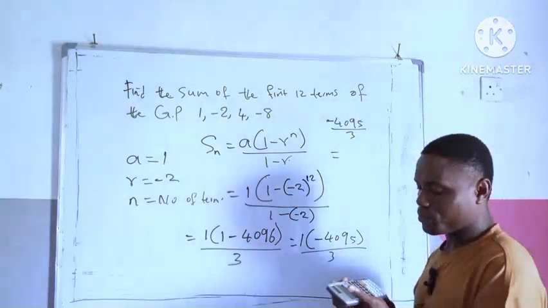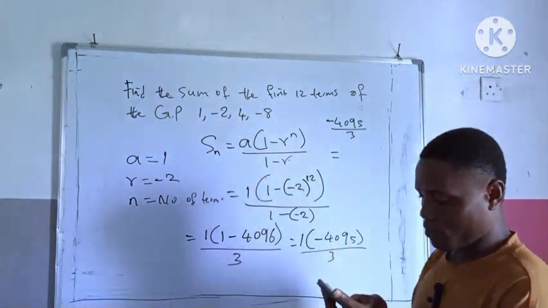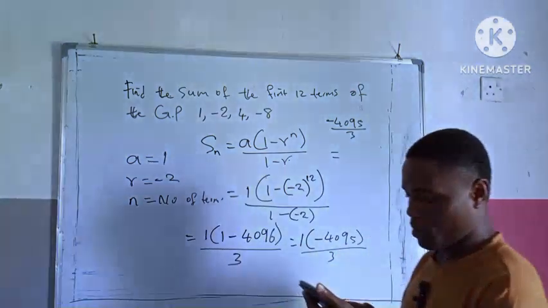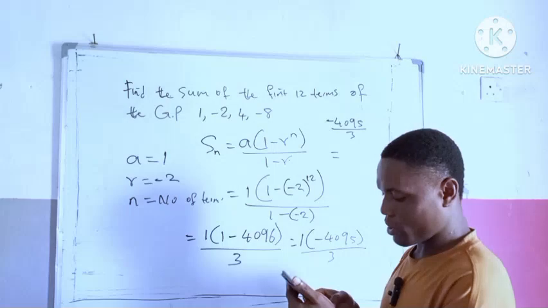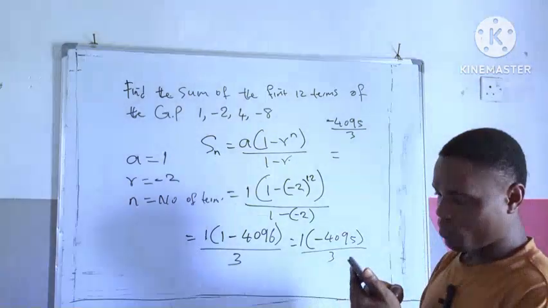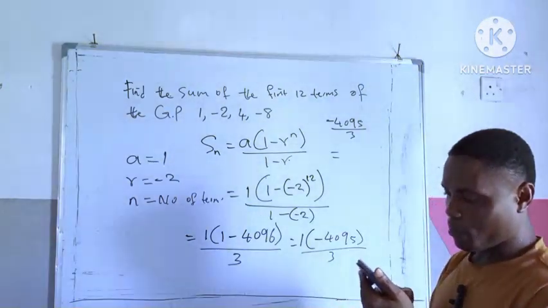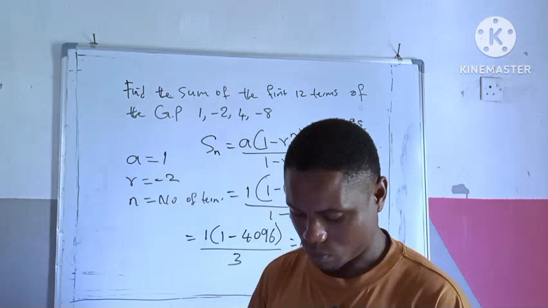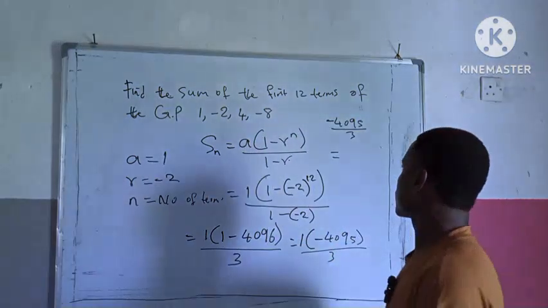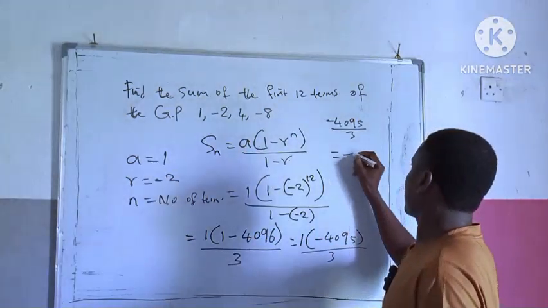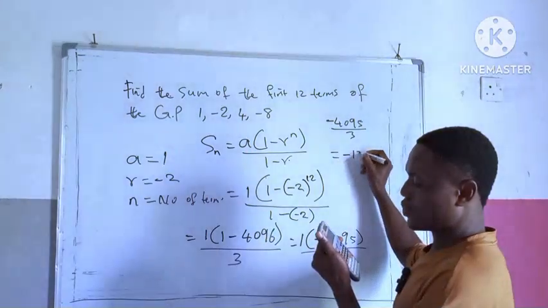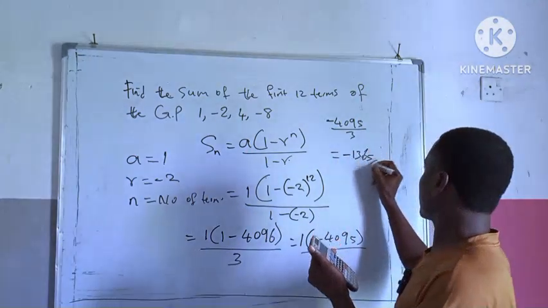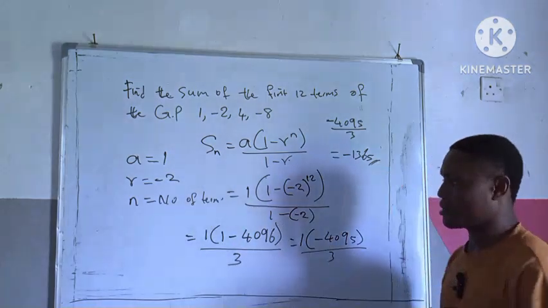Press your calculator: minus 4095 divided by 3 will give us minus 1365. So this is the answer.